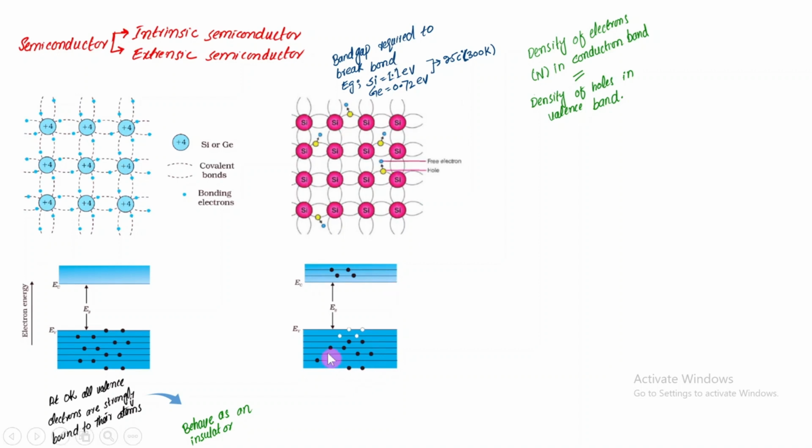So the holes will be in the valence band and the electrons will be in the conduction band. For each hole we have one electron. So in other words, in this intrinsic semiconductor, the number of holes will be equal to the number of electrons in the conduction band.